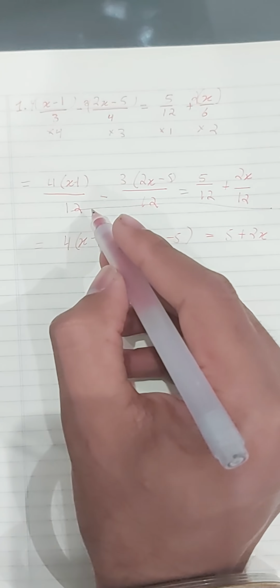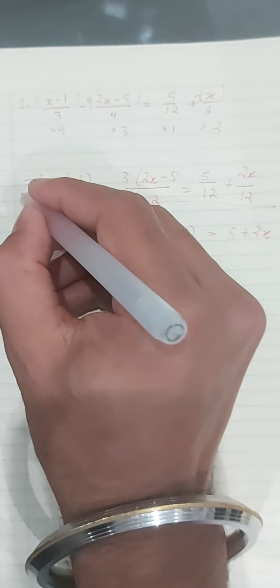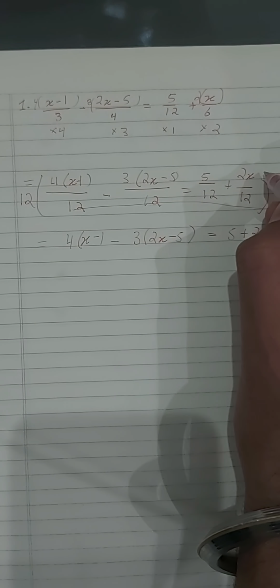Now let me just show you why I just canceled the entire denominator out like that. Because once the denominator is the same, you have to multiply to get rid of the denominators, right? So once we have them the exact same, multiply everything, so the entire equation, by 12.